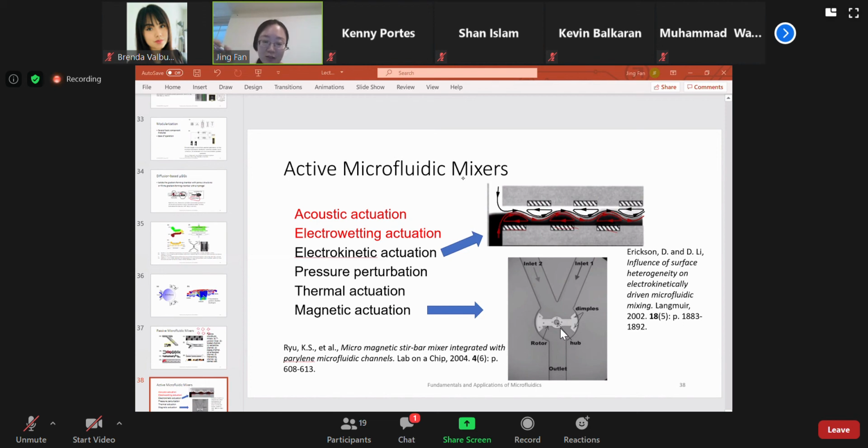So this is basically a magnetic bar, a magnetic rotor, or you can even have some magnetic particles suspended in the fluid.